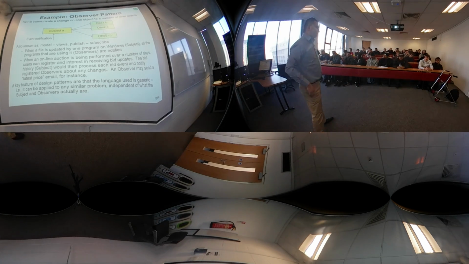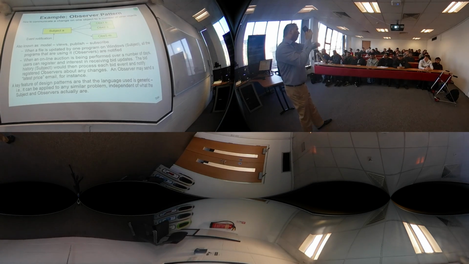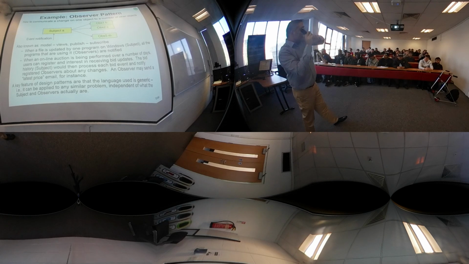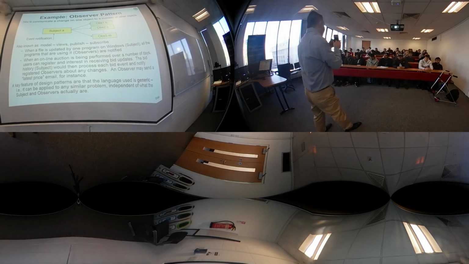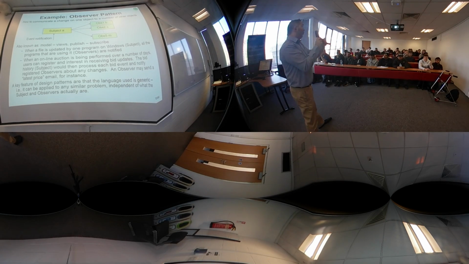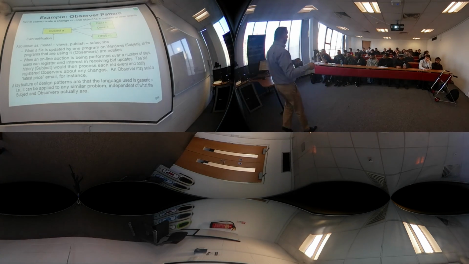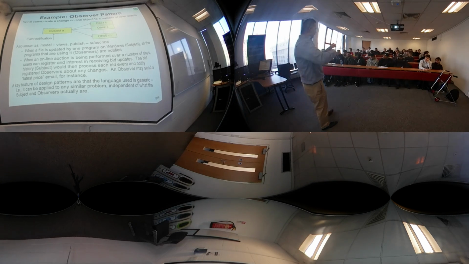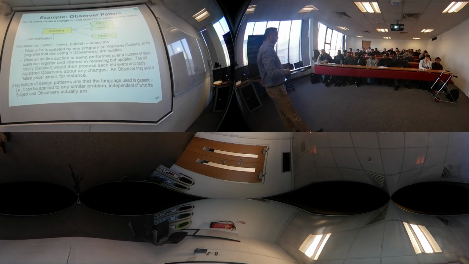Any change that happens to that auction item, somebody puts a bid on it, somebody increases the price, somebody changes the description, all the viewers of that item should be informed instantly. It's the same story, it's reoccurring. In Dropbox, there is a shared file, and with any change to that file, everyone should be informed. That is called the observer design pattern.